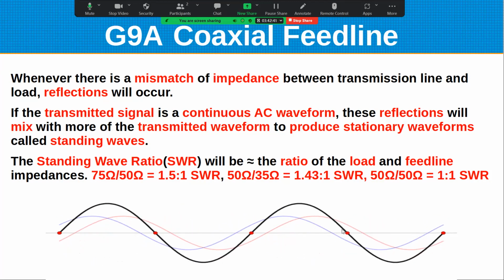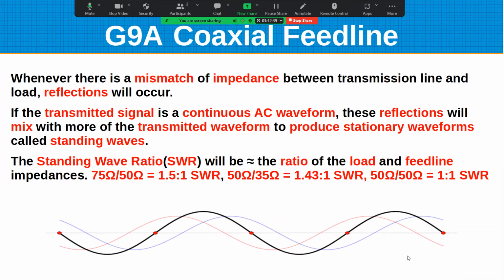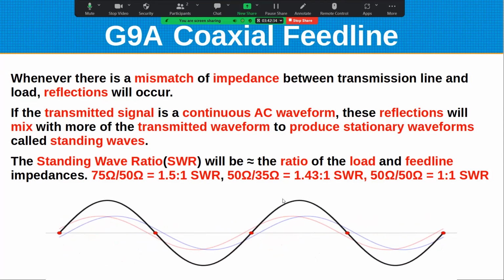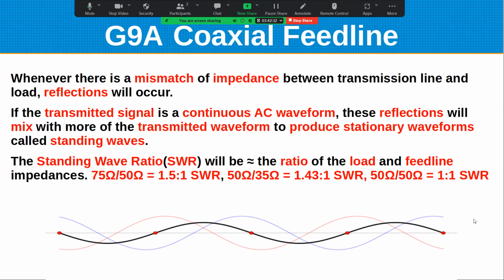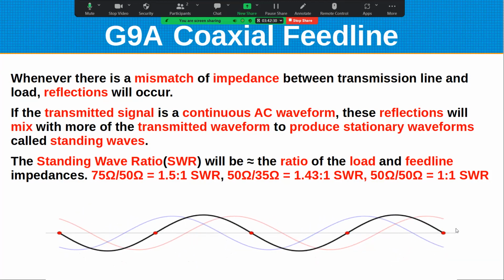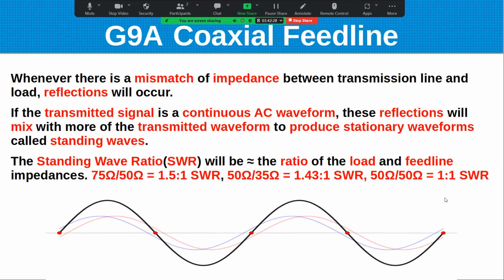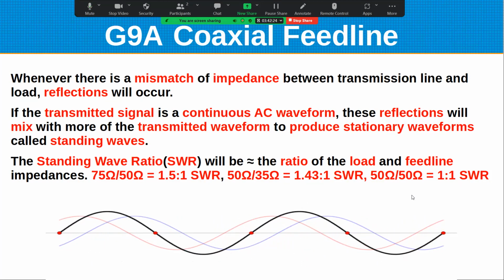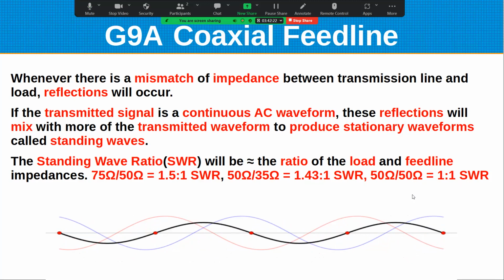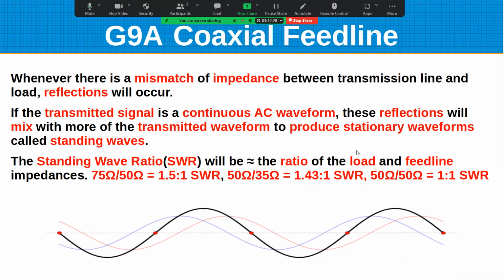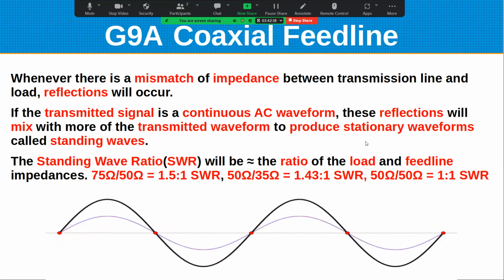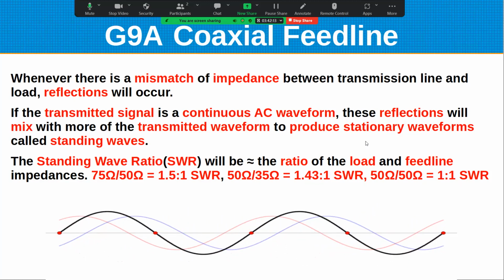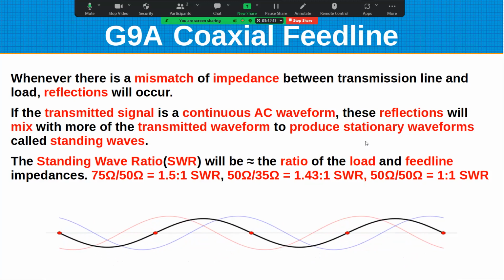And as that comes back, it tends to add and subtract. So in this case, you're going to get a standing wave that's double what you're actually transmitting. And of course, there's nothing getting to the antenna in that case. And you're going to heat up the coax. And the final output of the transmitter, yeah, you won't do it any favors. When you get above 1.5, the newer ones will usually start throttling back.